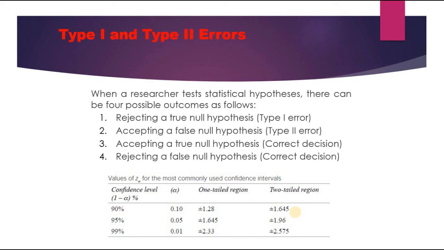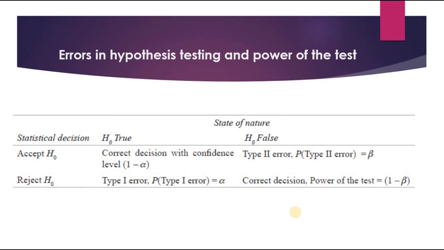Now the errors that could be committed. If you are accepting an H naught and H naught is true, it is a correct decision with confidence level 1 minus alpha. If H naught is false and you are accepting it, then you are committing a type 2 error. If you reject H naught and H naught is true, you are committing a type 1 error, and rejecting H naught when H naught is false is a correct decision. If you remember this matrix, it gives you the power of the test.